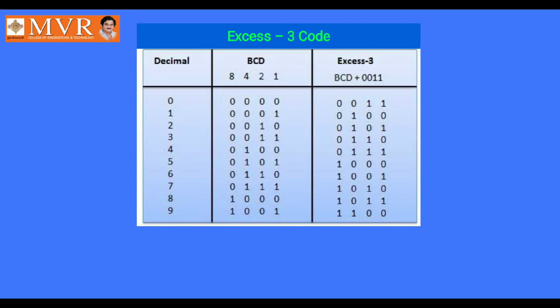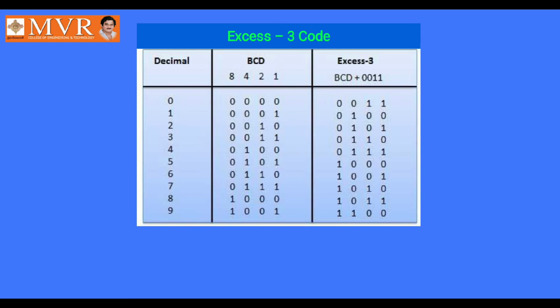That's why the first three values are not there in XS3: 0, 0, 0, 0 will not be there, 0, 0, 0, 1 also will not be there, and 0, 0, 1, 0 also will not be there. XS3 equivalent binary values always start from 0, 0, 1, 1 onwards.